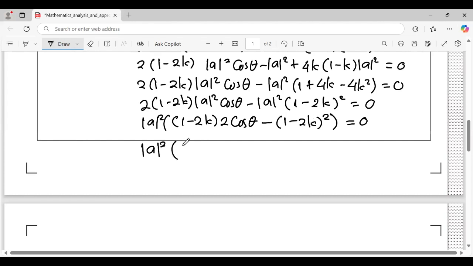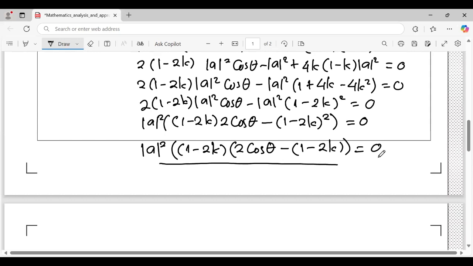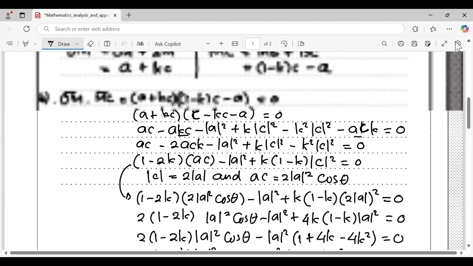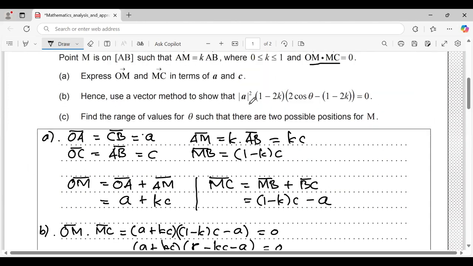Factorize again, 1 minus 2K times 2 cosine theta minus 1 minus 2K equals 0. So we have proved that this expression equals 0 according to this statement.